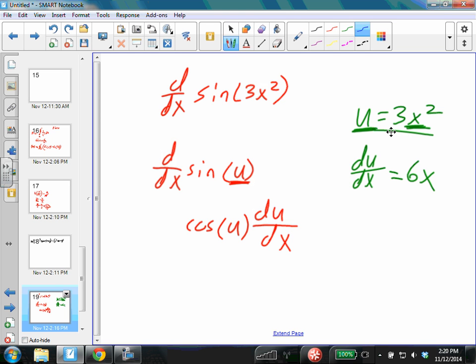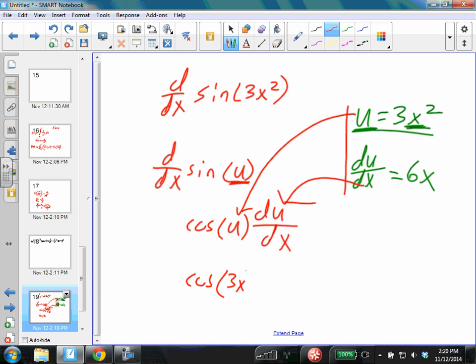And now I'm going to use this information over here, those two things, and plug them in respectively. Put that in there and put u back in. So this is the cosine of 3x squared times 6x.